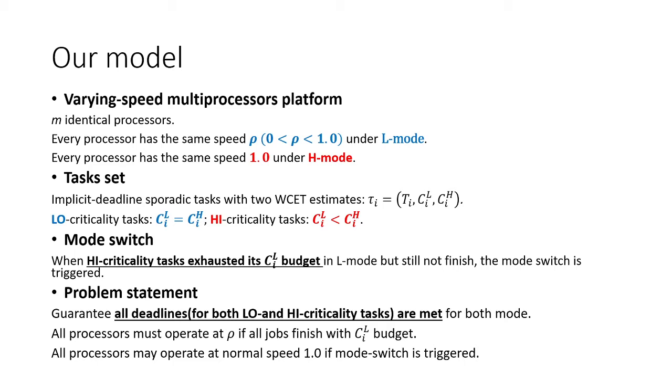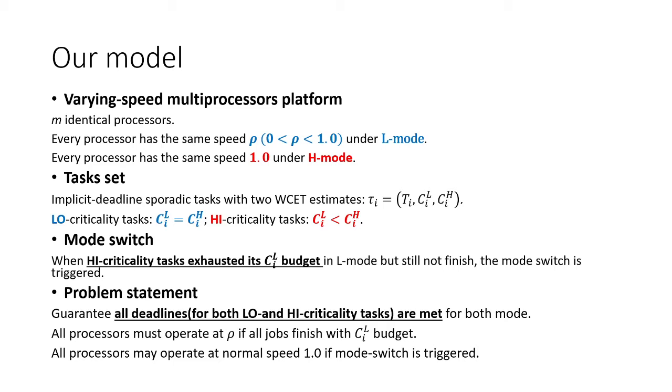Our model assumes that the system starts in low mode. When a high criticality task exhausts its CI low budget in low mode but is still not finished, the mode switch is triggered and the system turns into the high mode.